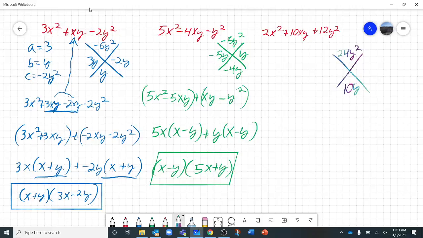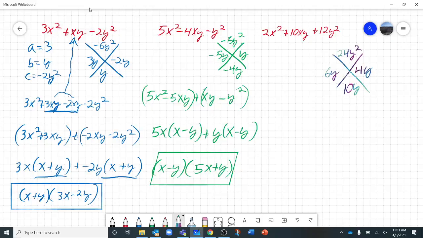So what is it that I multiply to get 24y squared and add to get 10y? My first inclination would be to do 12 and 2, but then my 2 would have to be negative, so that's not going to work. 6 and 4, though, so 6y and 4y, that works. 6 times 4 is 24, so 6y times 4y is 24y squared. 6y plus 4y is 10y.